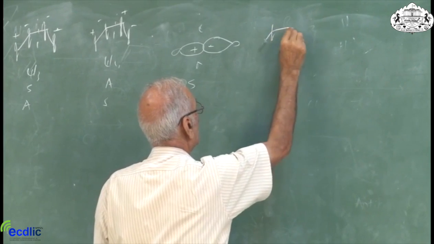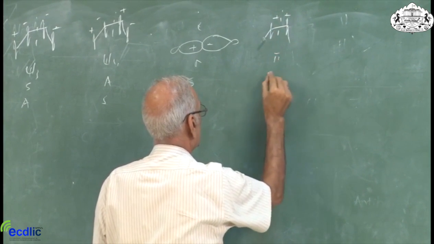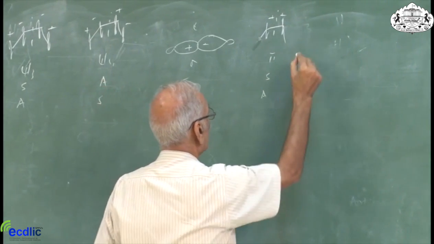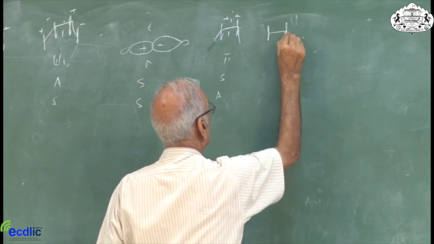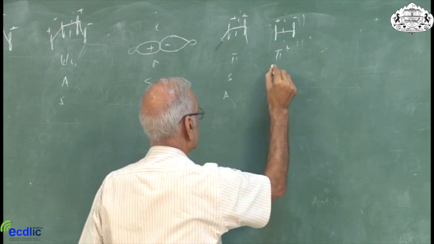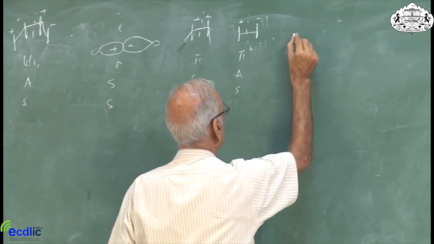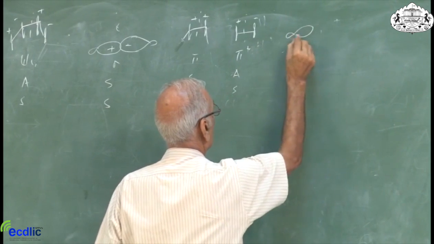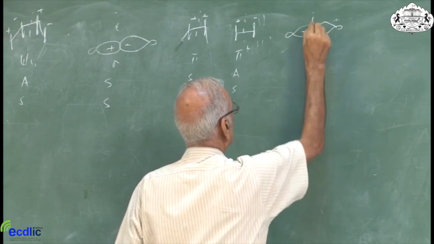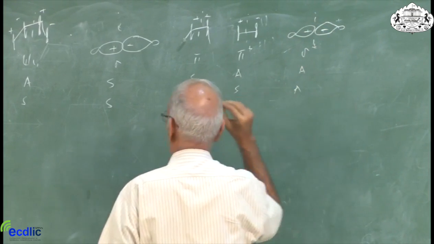Your pi orbital is symmetric with regard to the mirror plane, antisymmetric with regard to this, and your pi star orbital is antisymmetric for this, symmetric for this, and your sigma star orbital is antisymmetric for both.